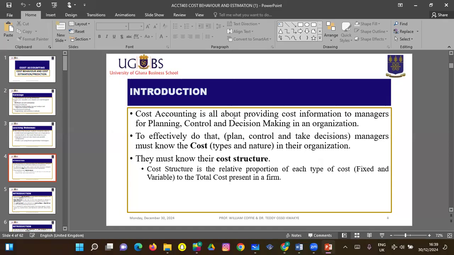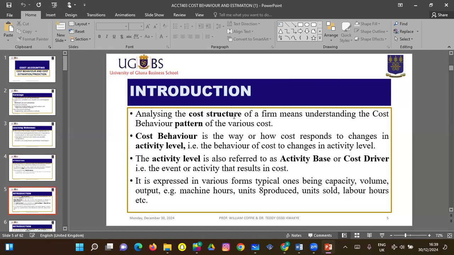Cost accounting is all about providing cost information to management for planning, control, and decision making in an organization. To effectively do that, managers must know the cost in their organizations. So they must know their cost structure. Cost structure is the relative proportion of each type of cost, which is fixed and variable, to the total cost present in a firm.